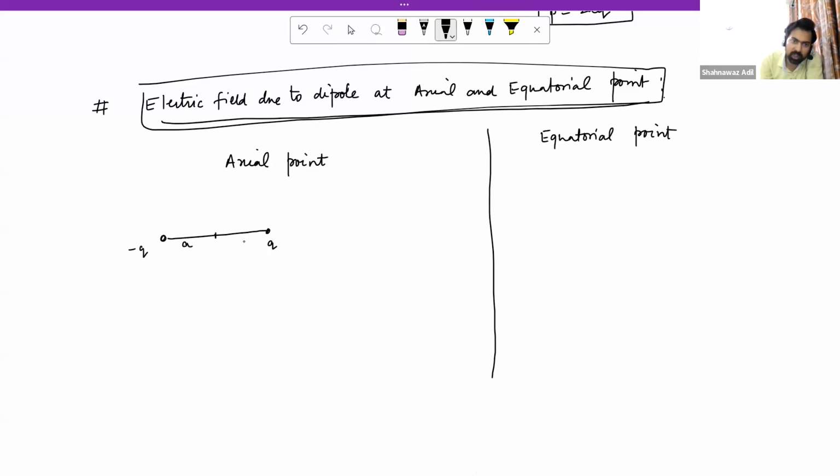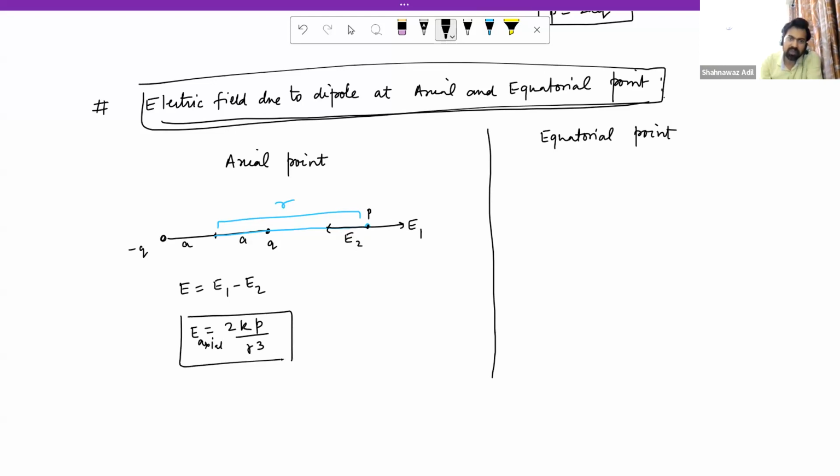We took the point R, and it had two contributions, one due to plus Q, this was E1, and one due to minus Q, this was E2, at point P. Then we calculated that E was E1 minus E2 because that is a vector sum, and we found that this is 2kp by R cube. This is axial.